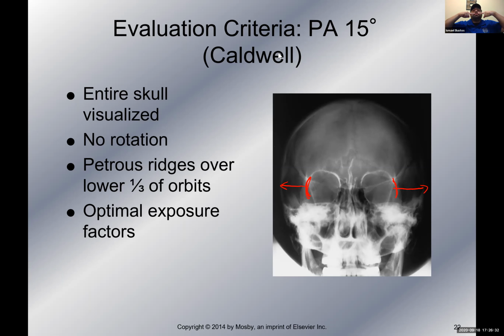So again, here are my ridges in my orbit in the lower 1/3. Increase extension, I increase the angle between the CR and the OML, they move down. If I decrease the extension, then they go higher into the orbit, and I decrease the angle between the CR and the OML.